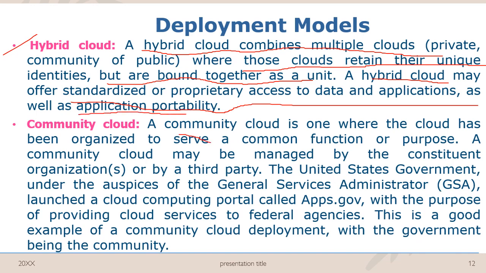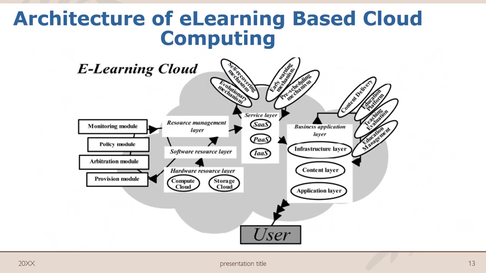A community cloud is one where the cloud has been organized to serve a common function or purpose. The United States government, under the auspices of the General Services Administration, that is GSA, launched a cloud computing portal called apps.gov with the purpose of providing cloud services to the federal agencies.